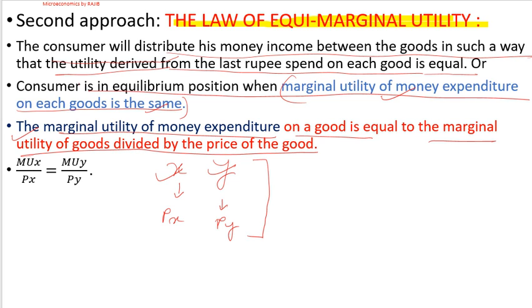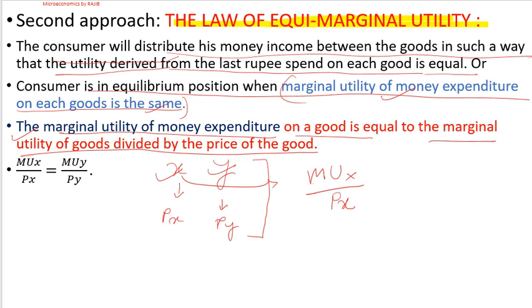That means for commodity x, the marginal utility is MUx. To find the marginal utility of money expenditure on x, you divide the marginal utility of x by the price of x.